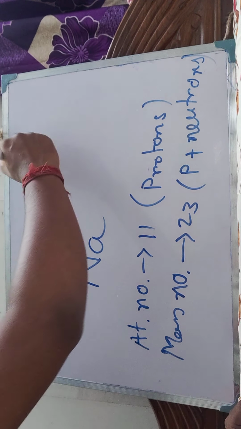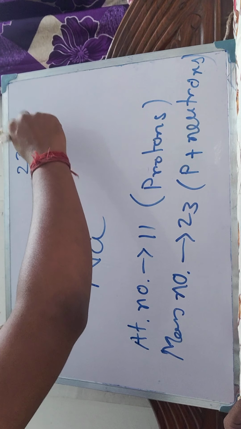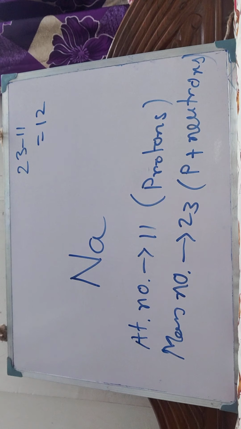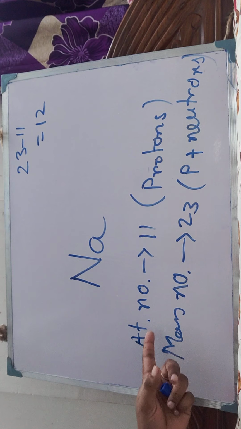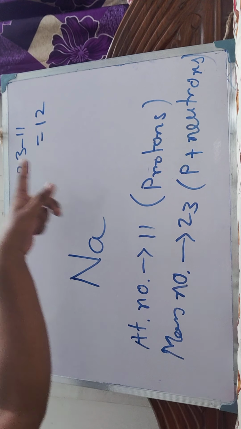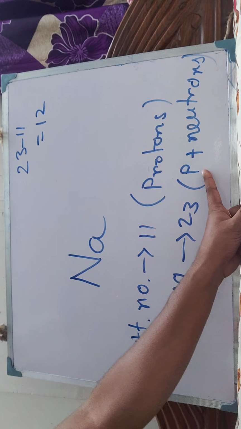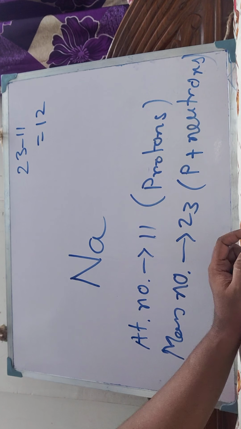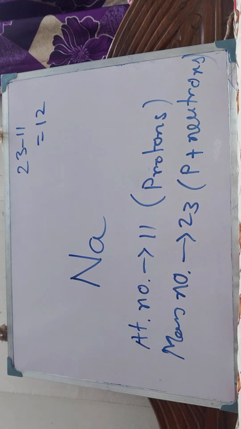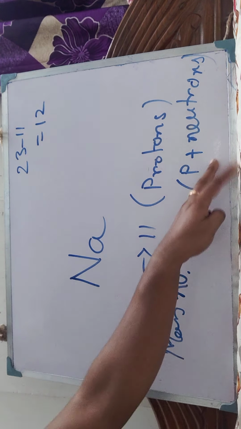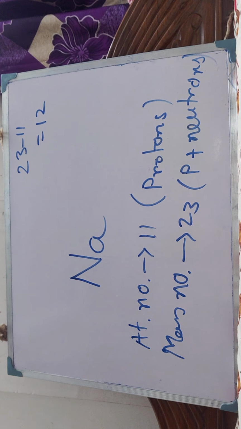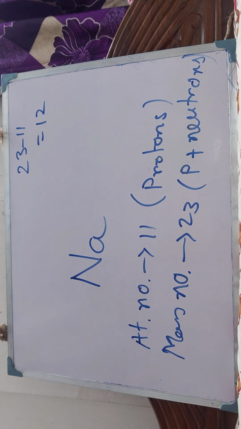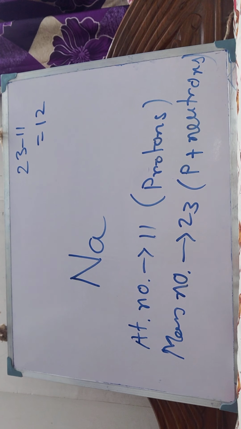What will you get? 23 minus 11, that will be equal to 12. As atomic number is 11, it means the number of protons is 11. If already 11 protons are here, how many neutrons are left? 12. 11 plus 12 will be equal to 23. So in case of mass number, both proton number and neutron number are counted. And in case of atomic number, only the number of protons is counted.